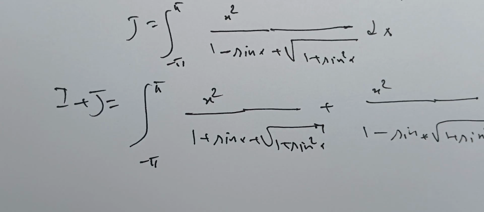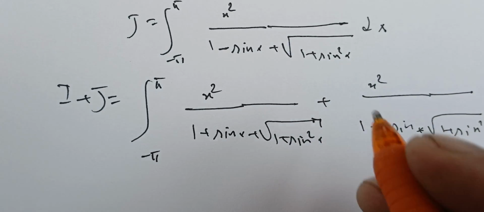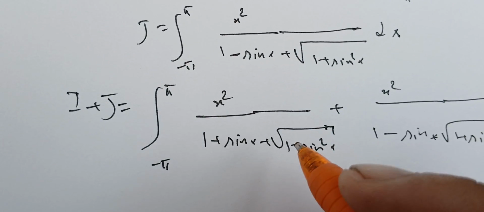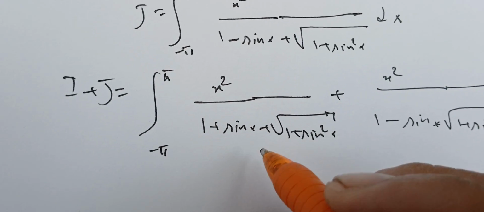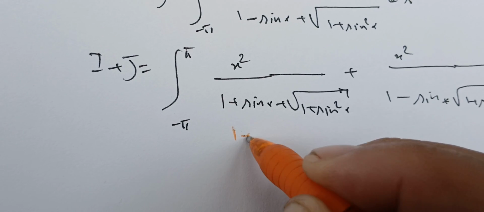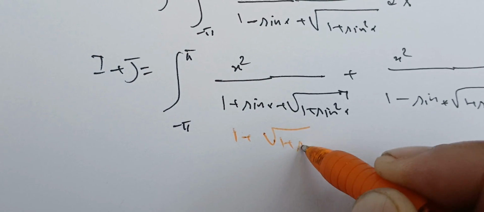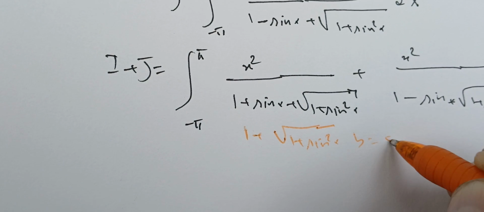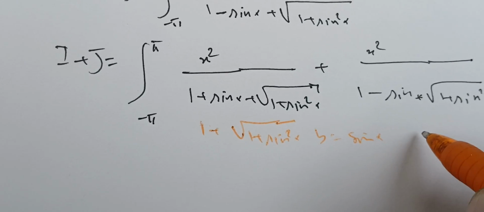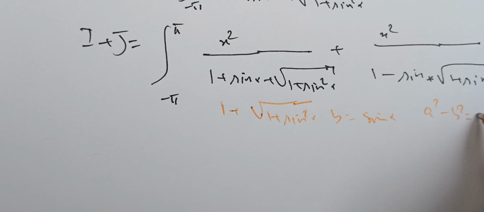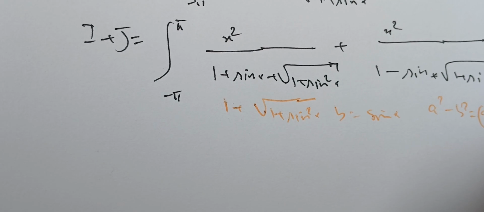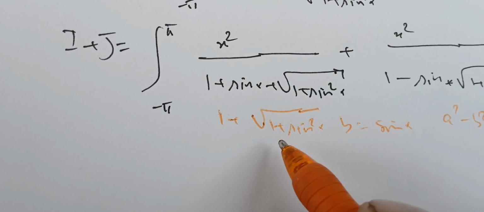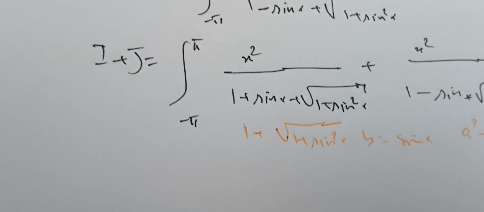What I need here is to use a squared minus b squared is a plus b times a minus b. So a is going to be the square root of 1 plus sine squared of x, and b is going to be sine of x. If we do that, it will work.